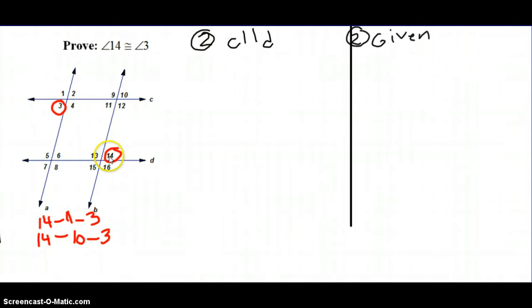I could also go from 14 to 7. Those are alternate exterior angles, and then I could go from 7 to 3, which is corresponding. I could also go from 14 to 6, corresponding angles, and then from angle 6 to angle 3, alternate interior.